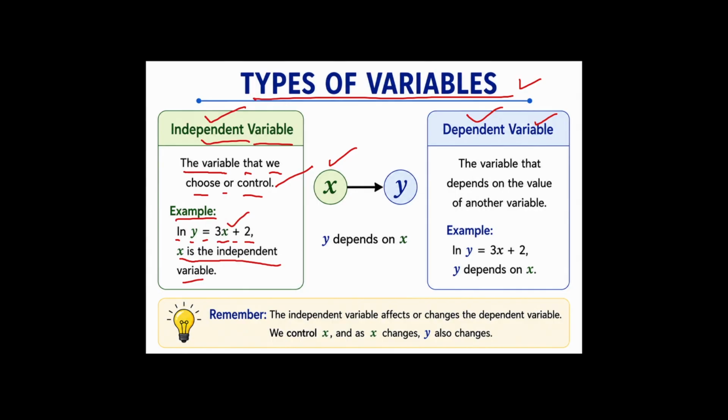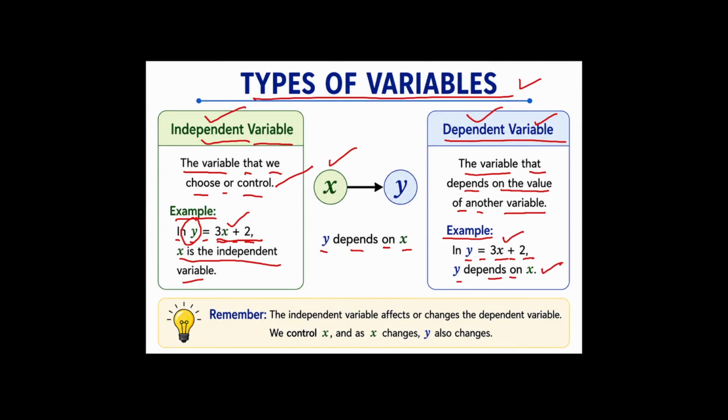Here we may give any value to x, and accordingly the y value will be decided, and that's why we say y depends on x, and y is called the dependent variable, the variable that depends on the value of another variable. Example: y equals 3 times x plus 2. y depends on x.